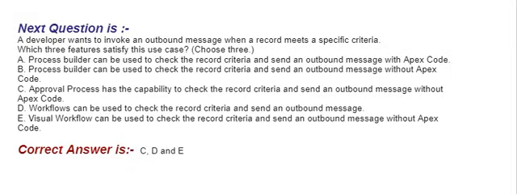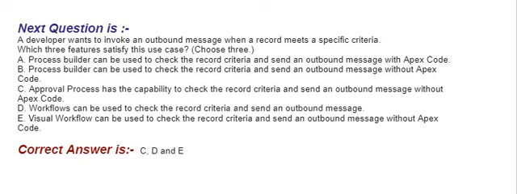Coming to the next question, a developer wants to invoke an outbound message when a record meets a specific criteria. Which three features satisfy this use case? Choose 3. Option A. Process Builder can be used to check the record criteria and send an outbound message with Apex code. Option B. Process Builder can be used to check the record criteria and send an outbound message without Apex code.